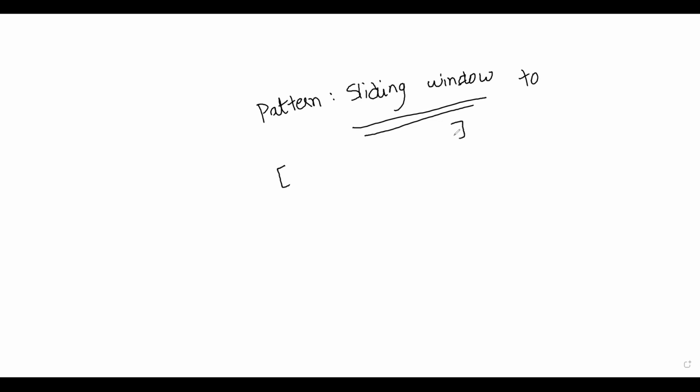Before teaching this, let me explain the problem first, and then let's see how we can go from it. Let's say I have an array, this is my array. Sorry, this is a list or array, whatever it is, list.